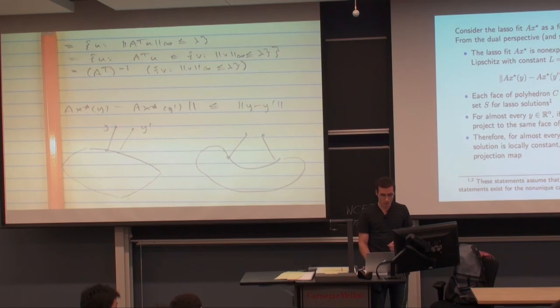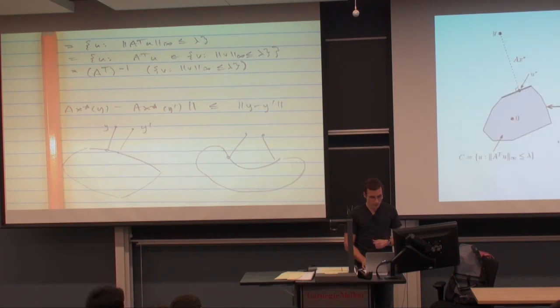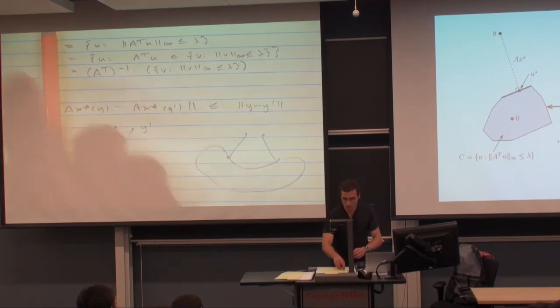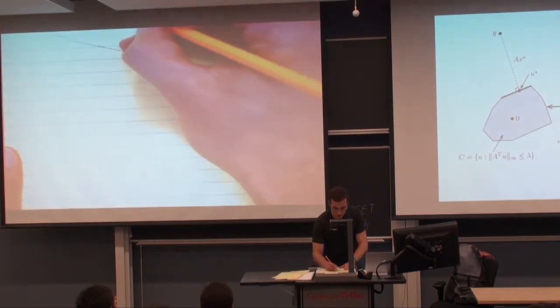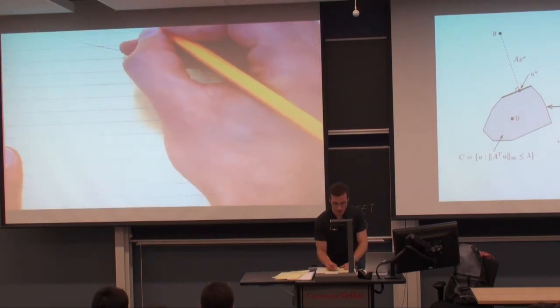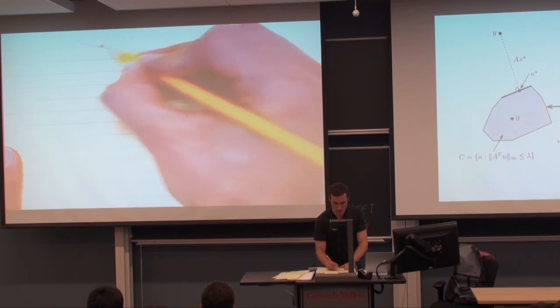So here's another conclusion we can draw, and again, I'm just arguing kind of intuitively here. If I take this point y and I move it a bit, it's going to project to the same face. Right? So I'll just draw that on the picture. If I have y and I just move it a bit in any direction, it'll project to the same face of the polyhedron.